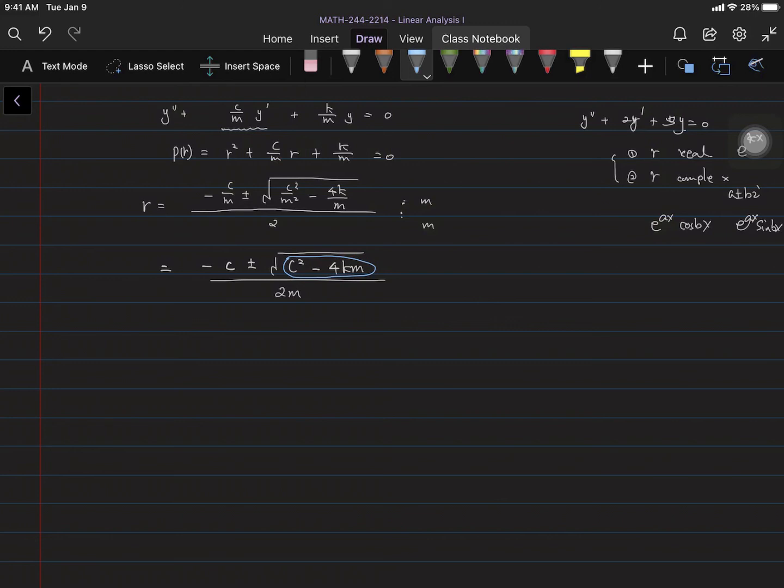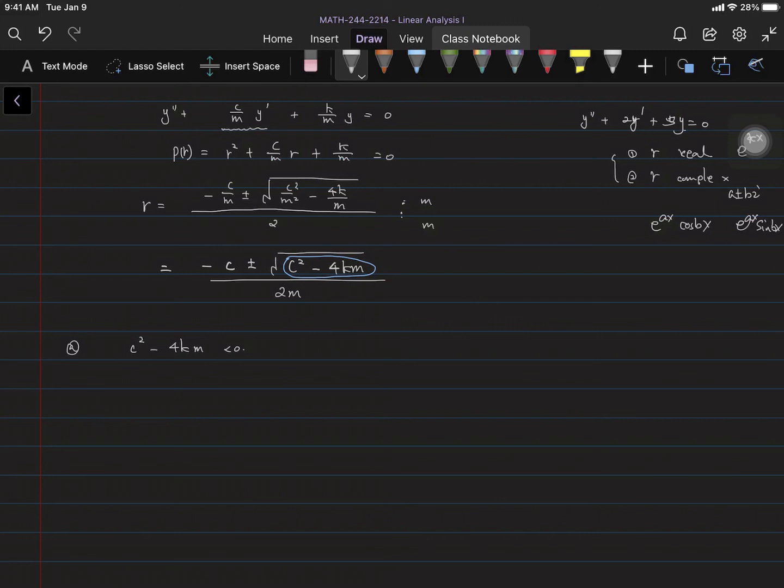So we say case 1: when c squared minus 4km is less than 0. That means we have a complex solution. And what is the complex solution?